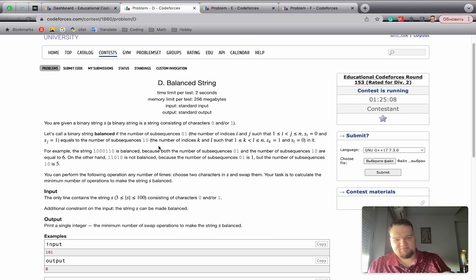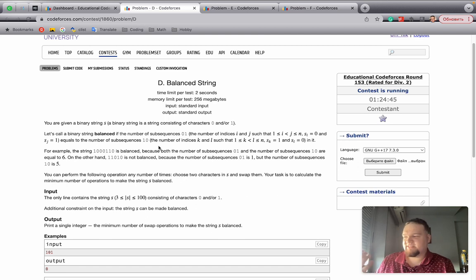And I'm storing in the DP the minimum cost, kind of, which is the number of places where I changed 0 to 1, for example.